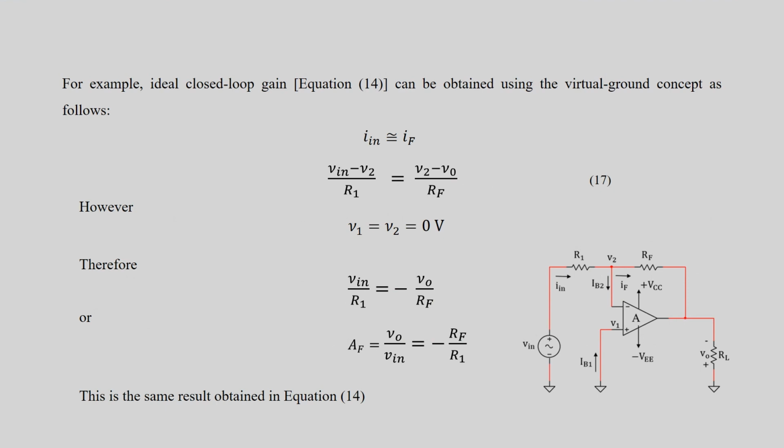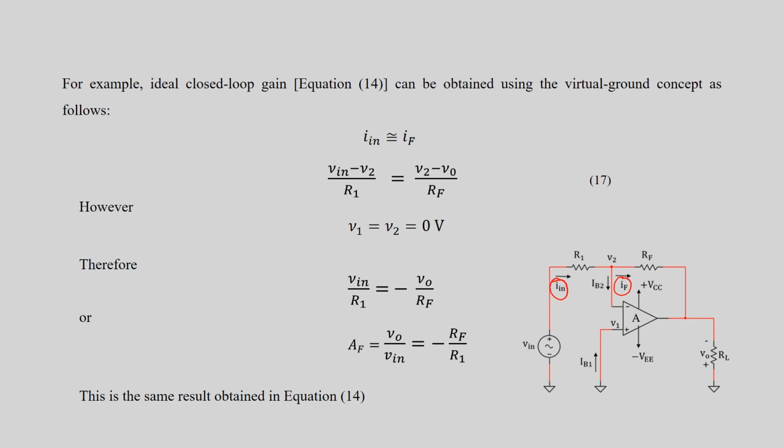So from this concept of virtual ground, we can obtain the closed loop gain also. We know that the input current Iin is nearly equal to the feedback current IF in this circuit.